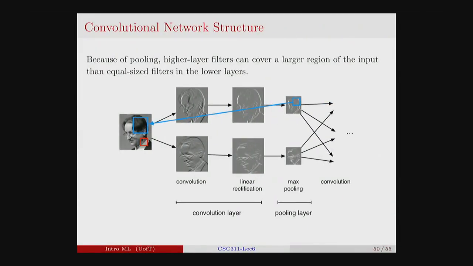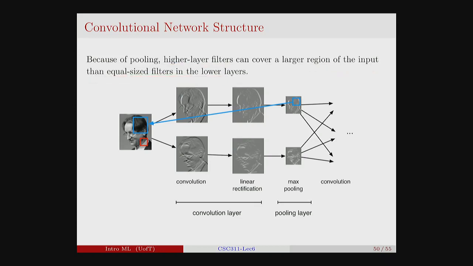And it turns out that because you end up doing operations like max pooling, the higher layer filters can effectively cover a larger region of the input than equally sized filters in the lower layer.